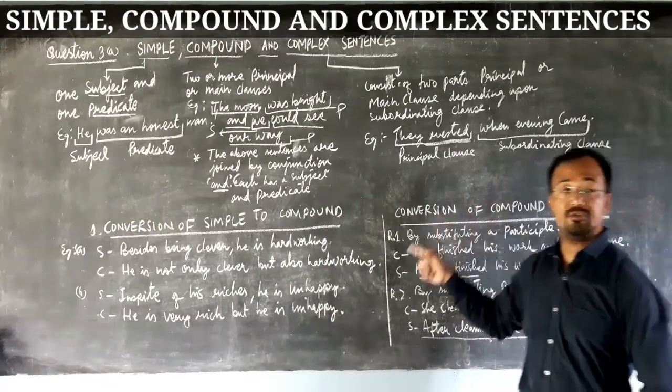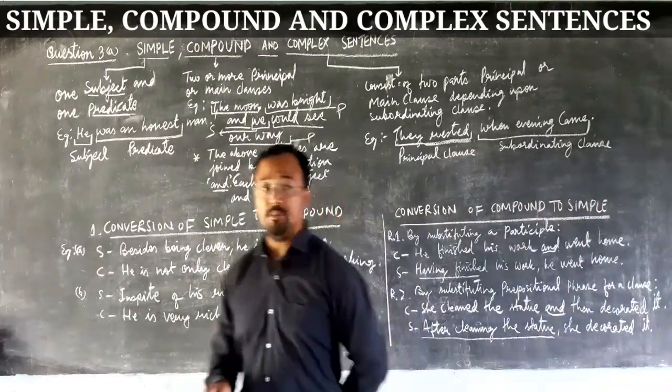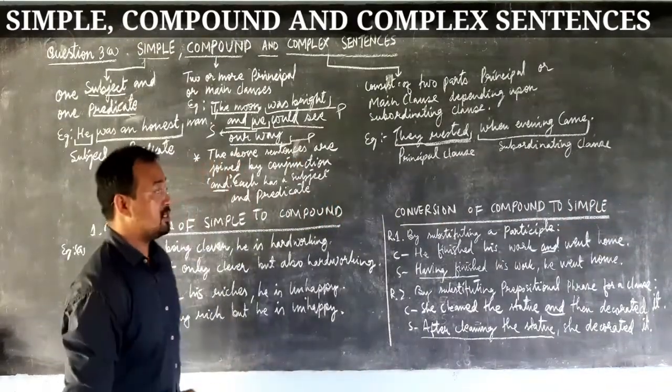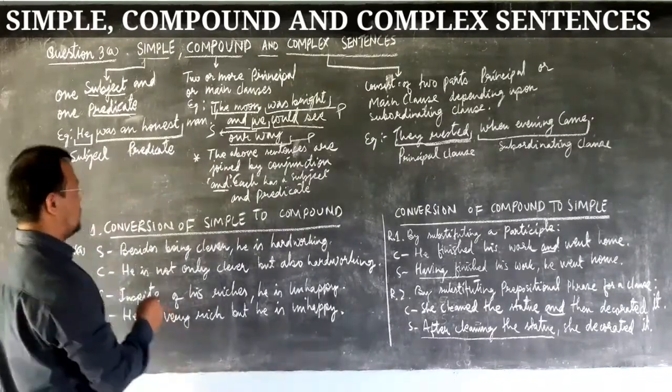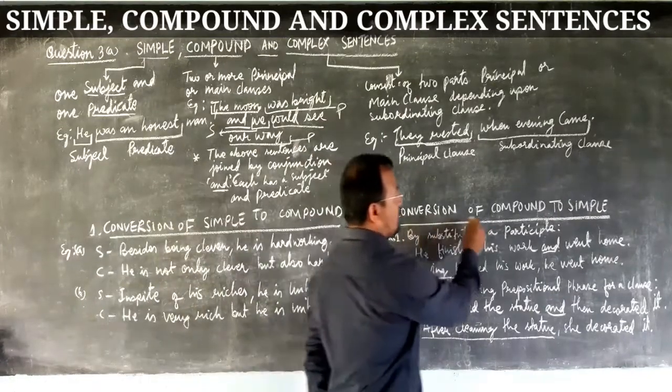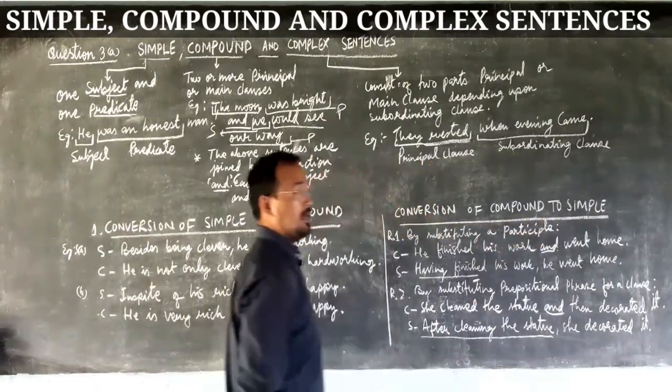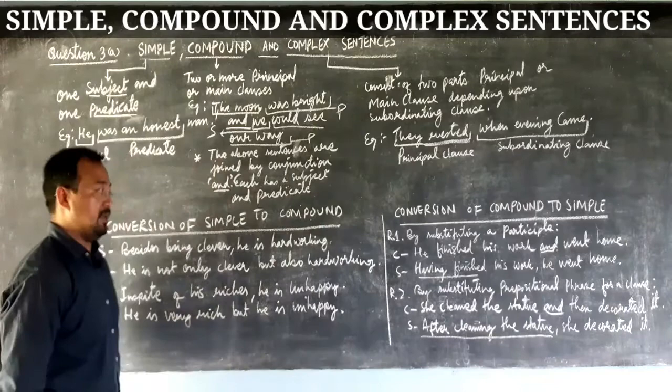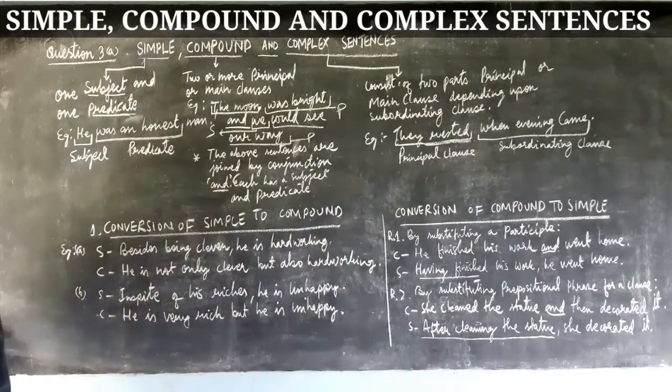And now coming to the next part, which is very important for you all in the examinations to score marks, that is conversion: conversion of simple to compound and conversion of compound to simple. This type of question will appear in your question paper in the transformation of sentences.